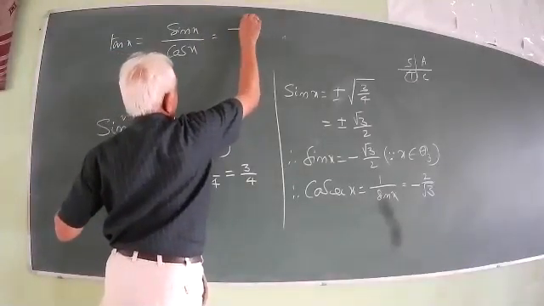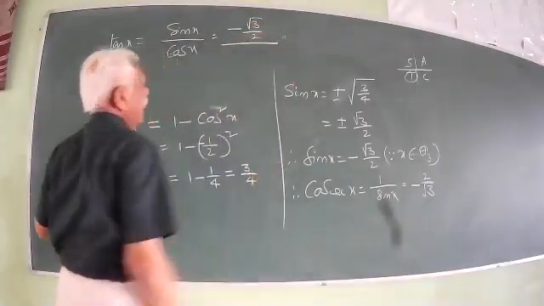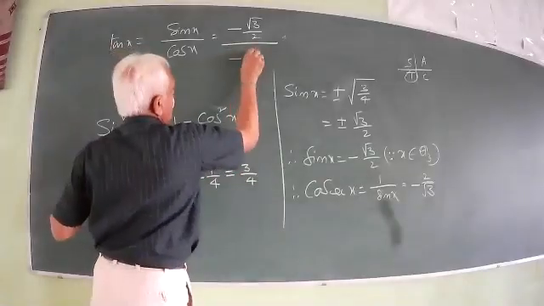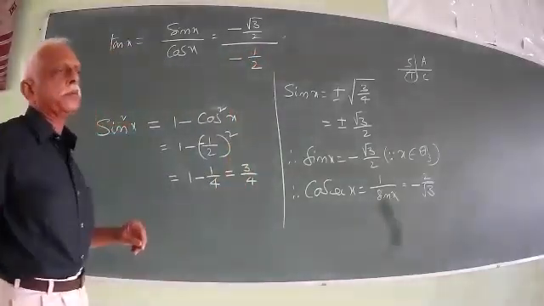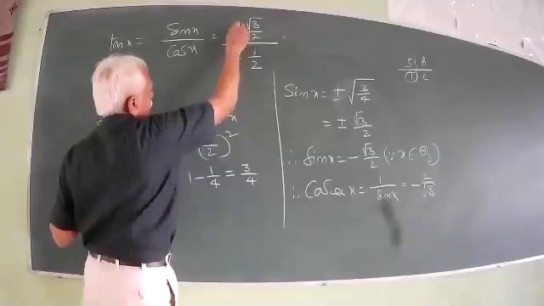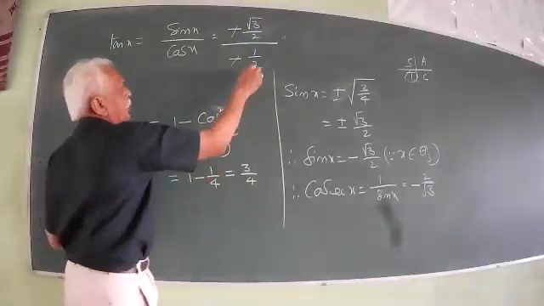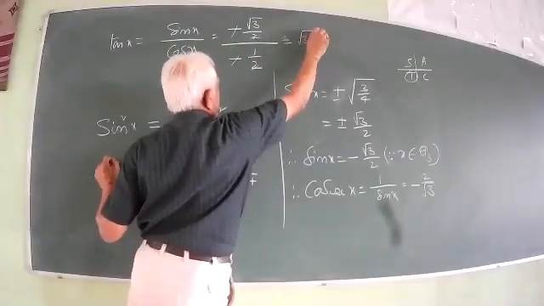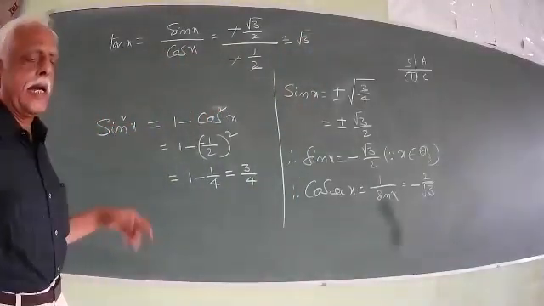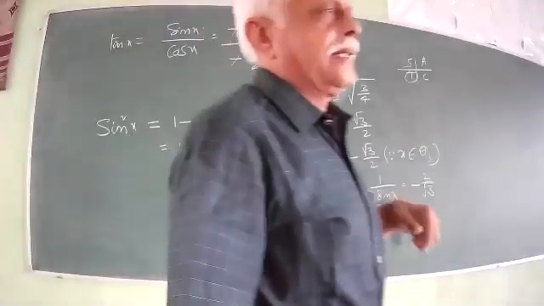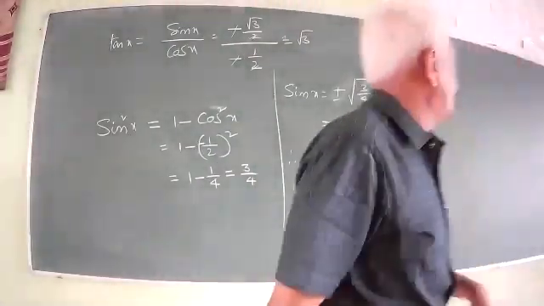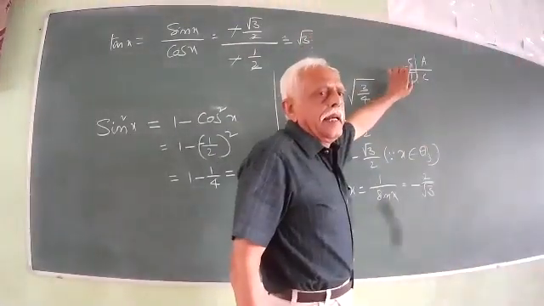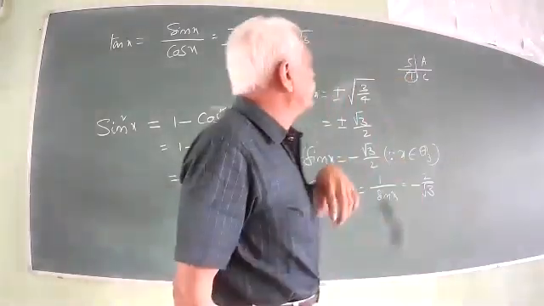Minus root 3 by 2, divided by cos x, which is minus 1 by 2. Minus minus cancels. 2 also gets cancelled. You are getting root 3. Why are we getting positive? Because x lies in the third quadrant. The third quadrant belongs to the tan ratio, so it is positive.